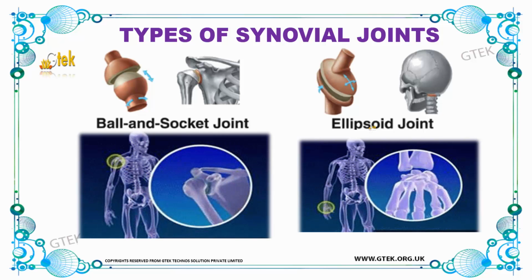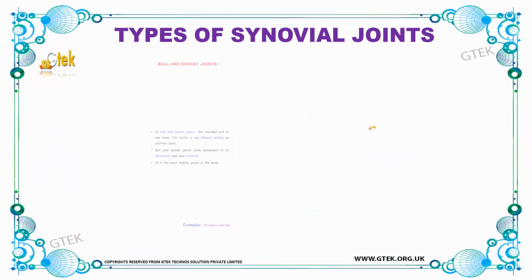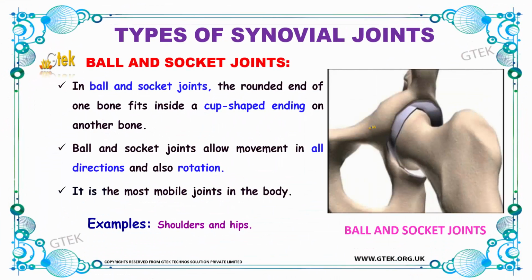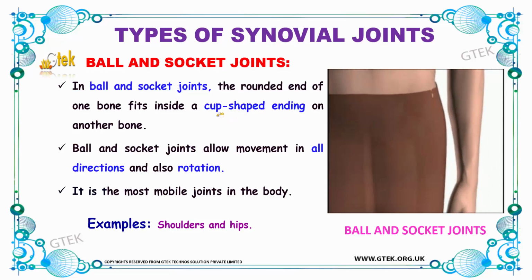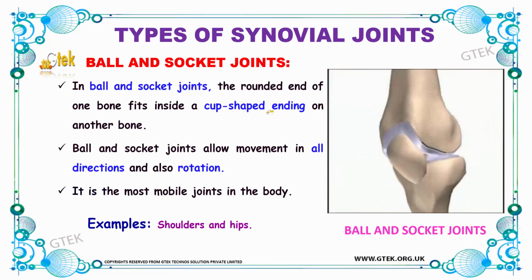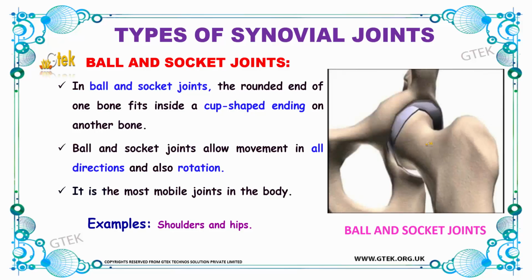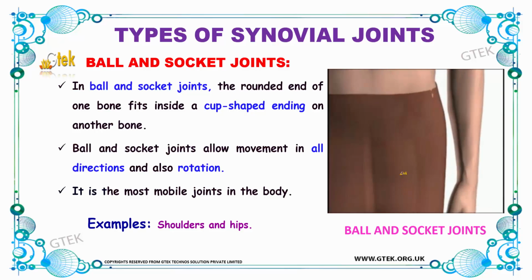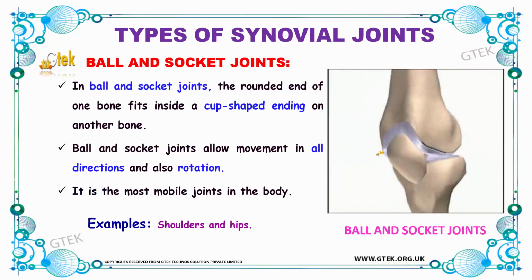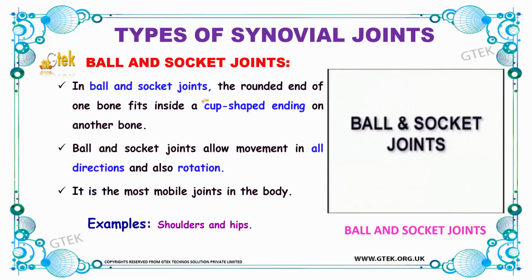Let us see further about the ball and socket joint. In ball and socket joints, the round end of the bone fits inside a cup-shaped ending on another bone. So that gives a structure of a ball and a socket.